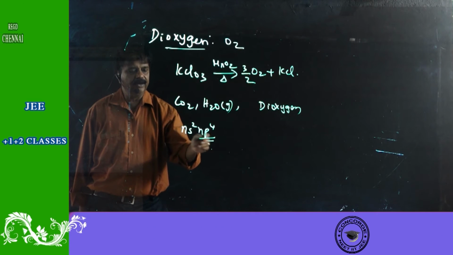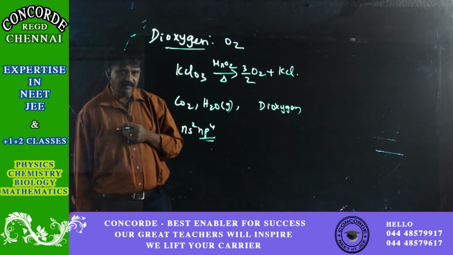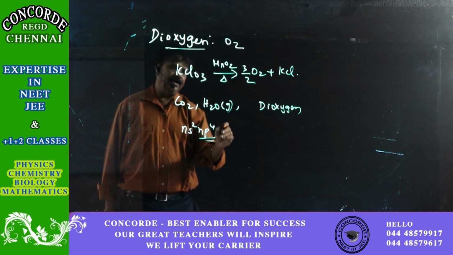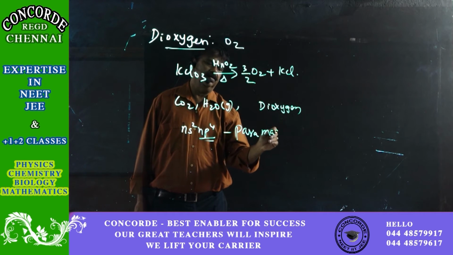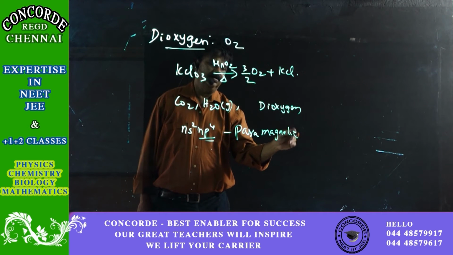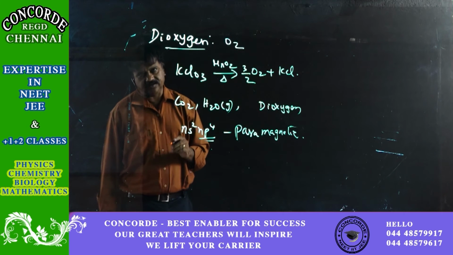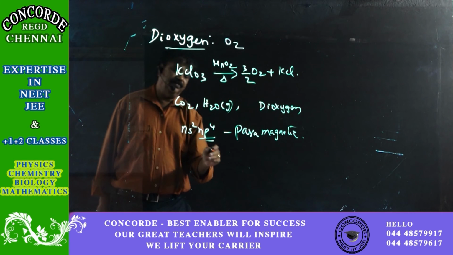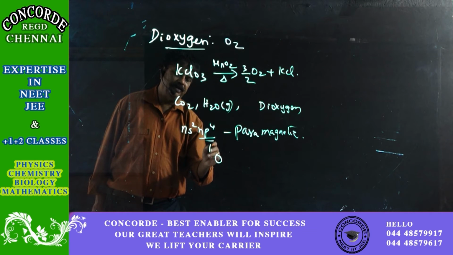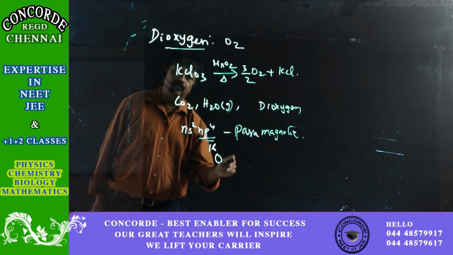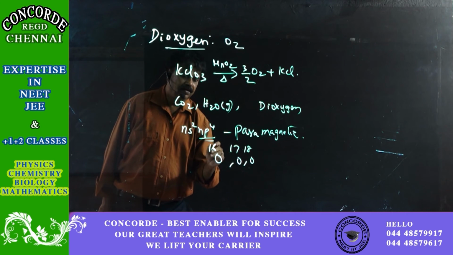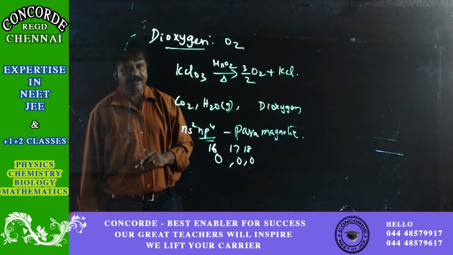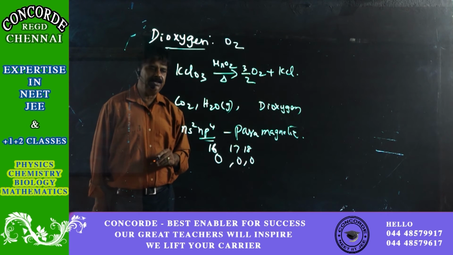Even though there are as many as 6 electrons in the outermost shell, it is paramagnetic due to the presence of unpaired electrons. Oxygen exhibits three stable isotopes: O16, O17 and O18.